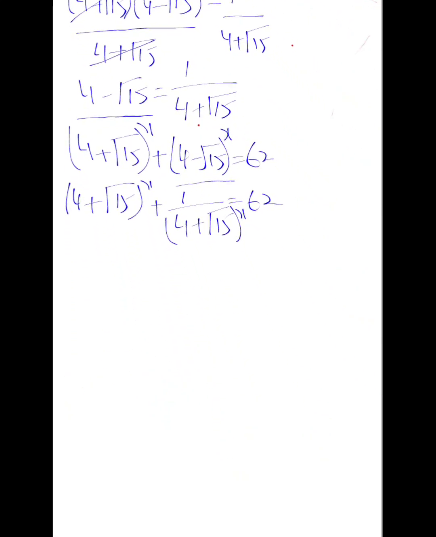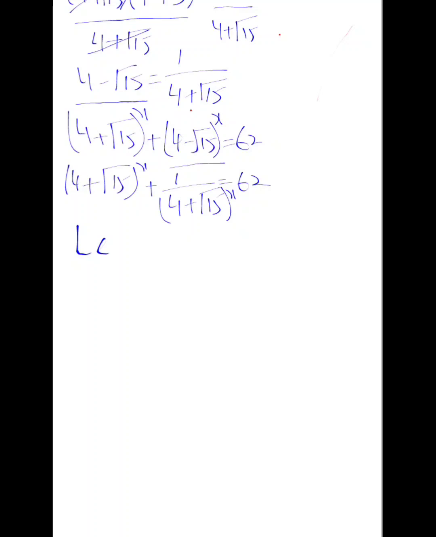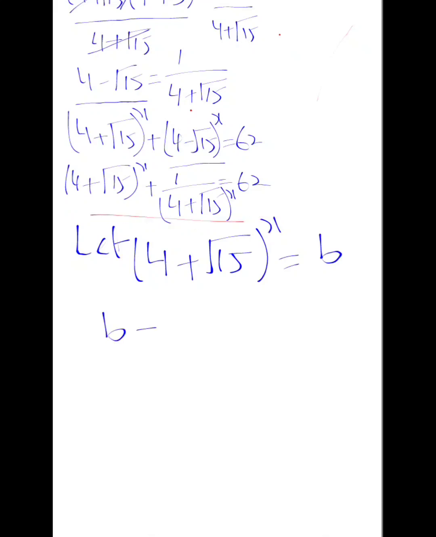So let's take 4 plus square root 15 with power x is equal to b. We can take any variable to solve our equation. Now our equation will be b plus 1 over b is equal to 62.